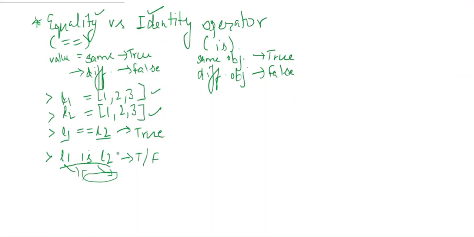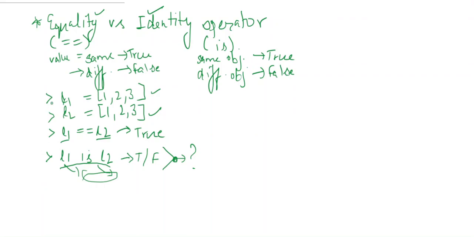Okay. To understand this, we have to understand how it is implemented in Python. We'll come to that in a while. So we just put a question mark over here and let's see another example.